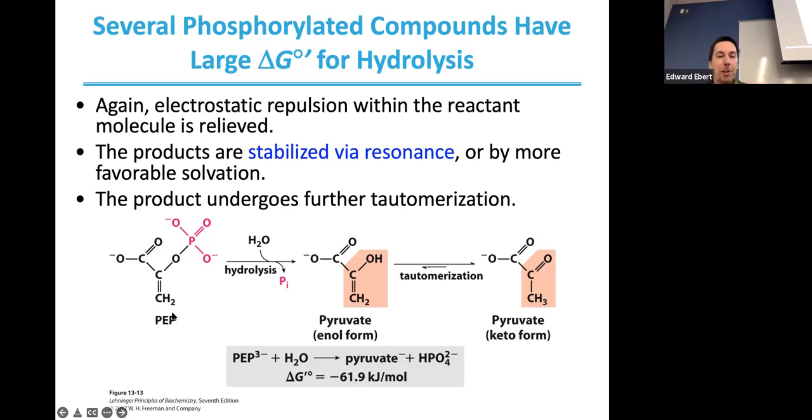We'll see more of this when we talk about glycolysis. The delta G for the hydrolysis of phosphoenolpyruvate is about double that of ATP. Why don't we use more PEP? Well, ATP is sufficient in high quantities, and ATP does a lot of stuff. PEP we'll see come in a couple of places.